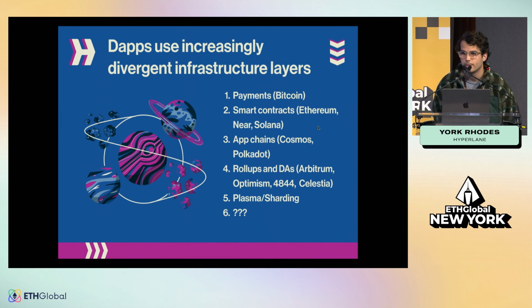So that's the OP stack. More and more teams are seeing the light and re-architecting their applications to take advantage of some of the properties of rollups, mainly that you don't have to bootstrap a security budget. You can inherit that from the L1. There's also a lot of people thinking about plasma and sharding. Depending on who you talk to, you might put different chains in this category, but this presents a problem.